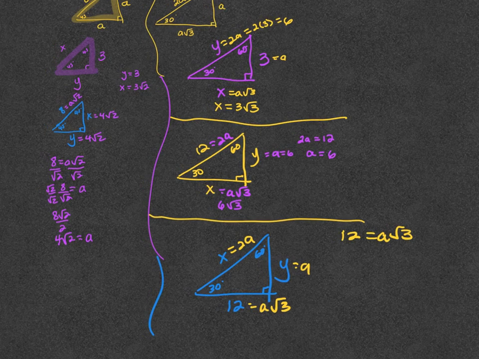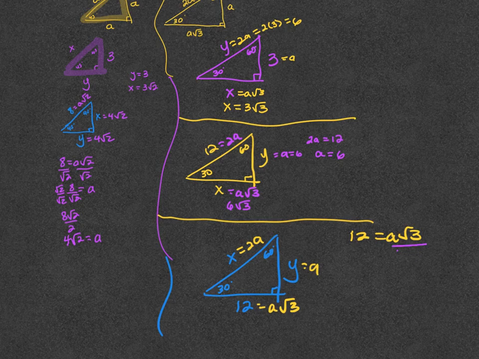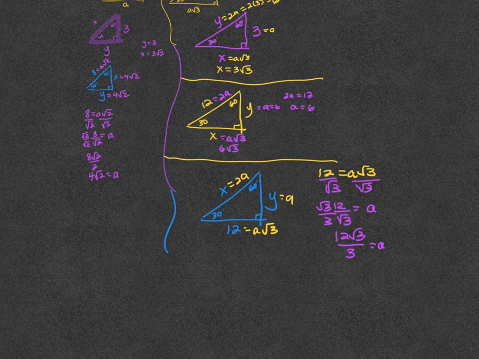And then I have to divide both sides by root 3 and rationalize. So A is 4 root 3, which means Y is 4 root 3. X would be 2 times 4 root 3, or 8 root 3.